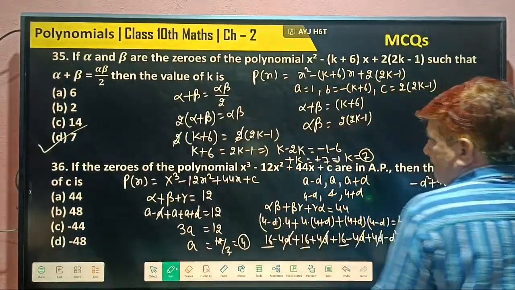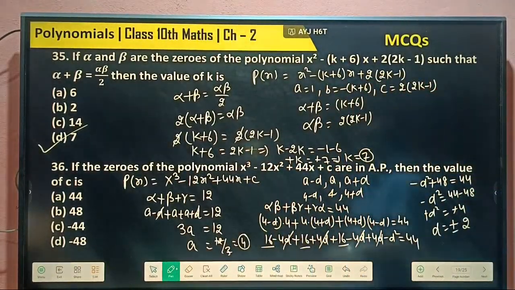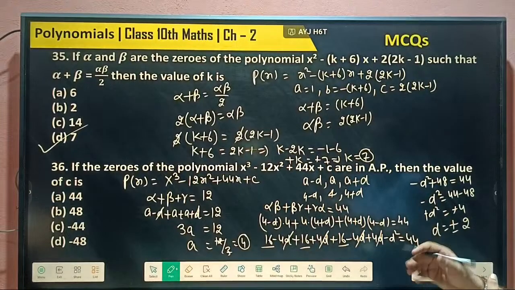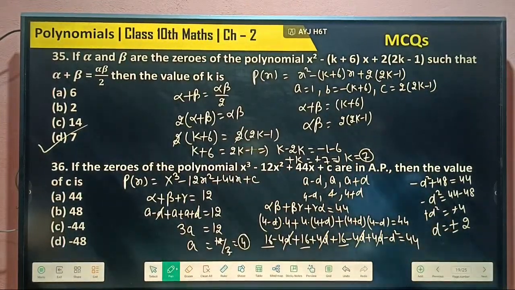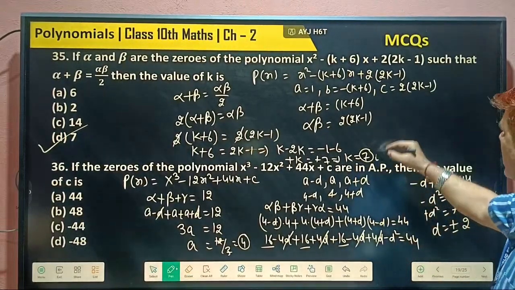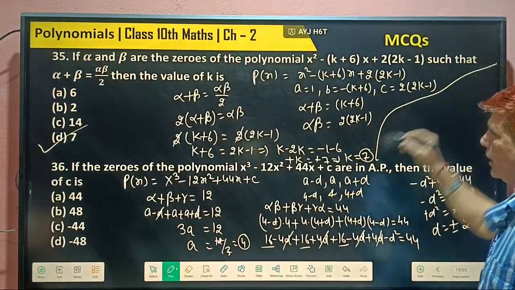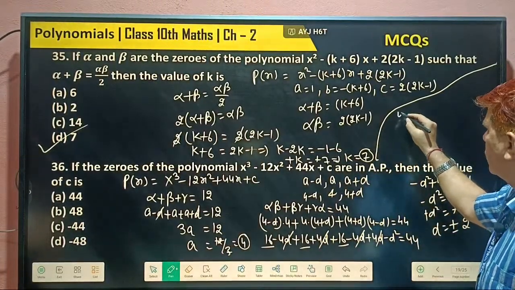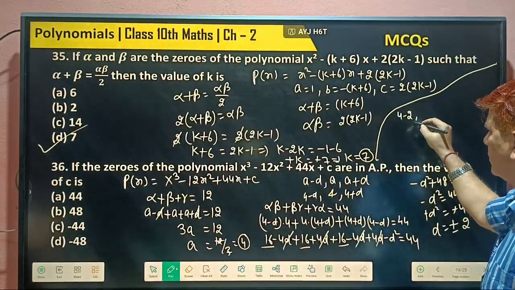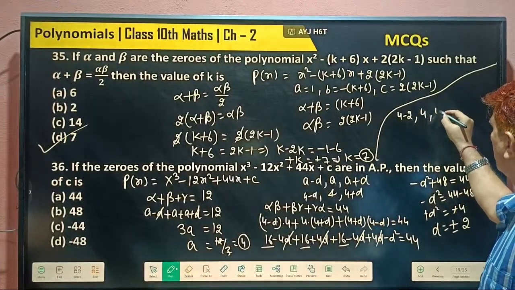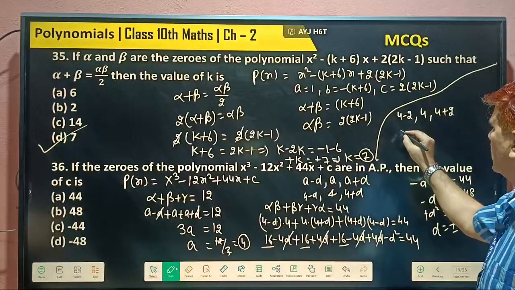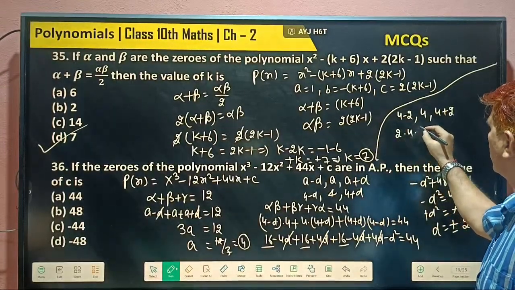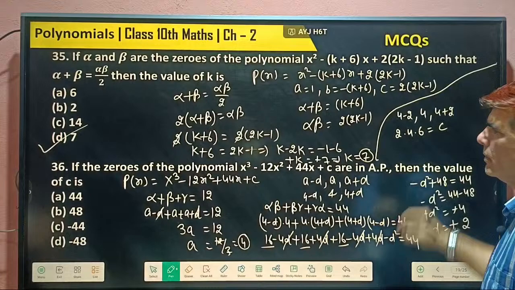Plus minus 2. Later on I can tell a direct method also, how you can solve. Understood? So d equal to 2. If d equal to 2, this part I am taking, then the zeros are 4 minus 2, 4, 4 plus 2. So the product of these, 2 into 4 into 6, is equal to c.